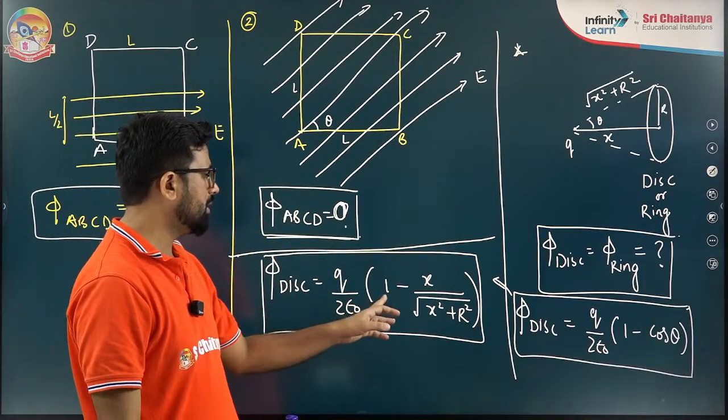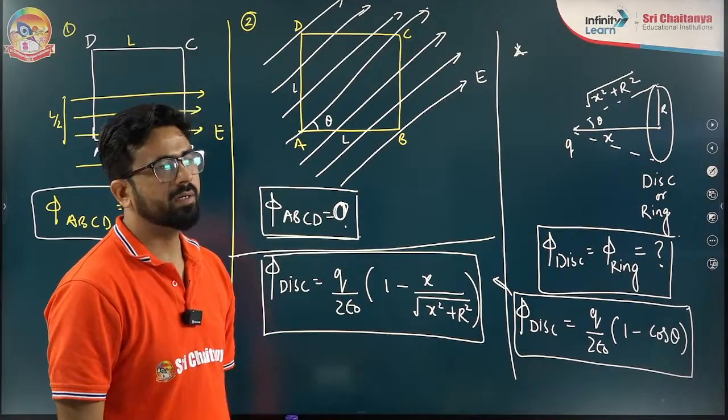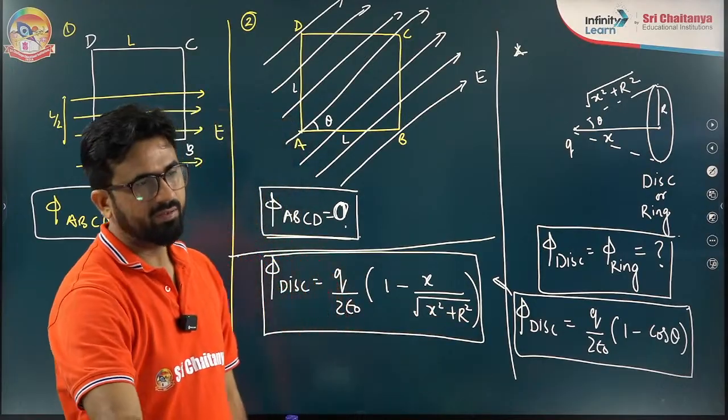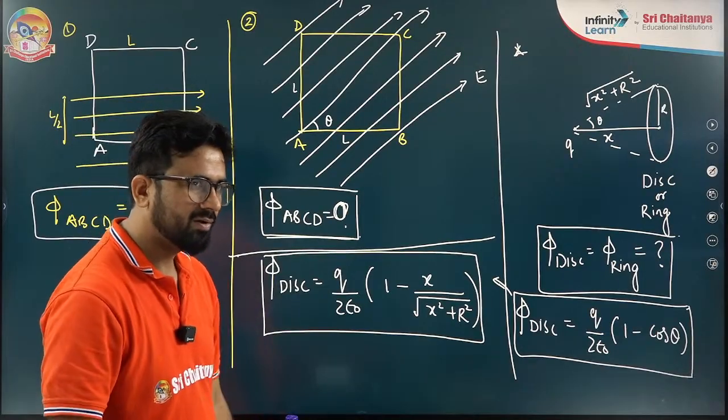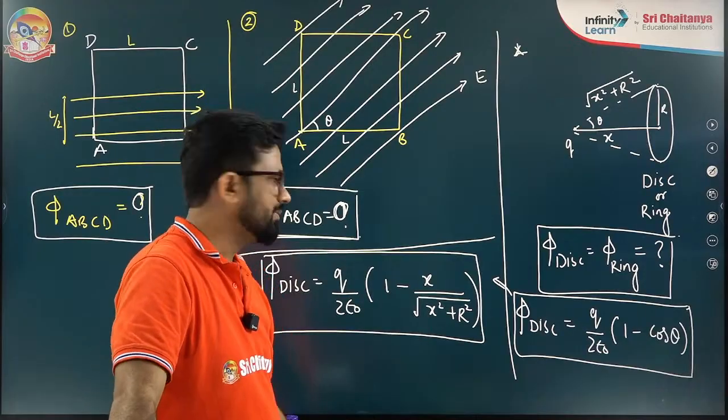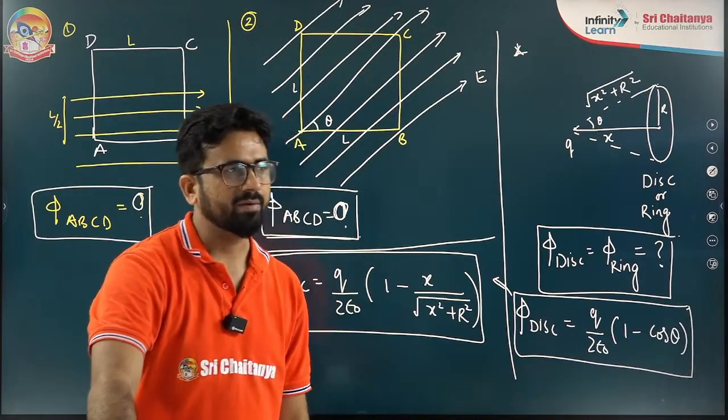So it is q by 2 epsilon naught, bracket 1 minus x upon under root of x square plus r square. That is the very simple thing we are putting. Are you understanding? This is the answer, which you have to remember.